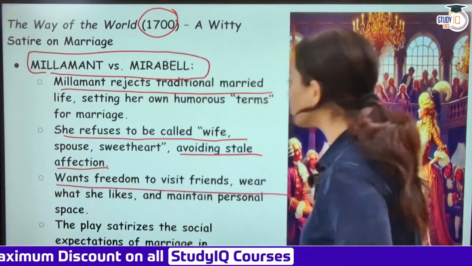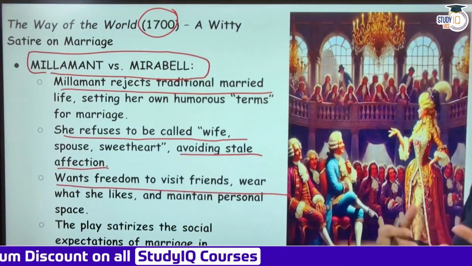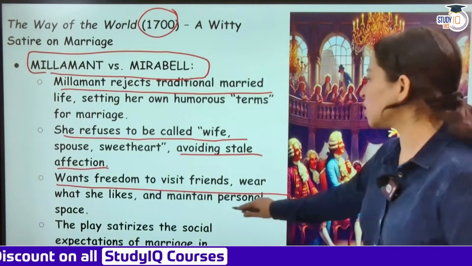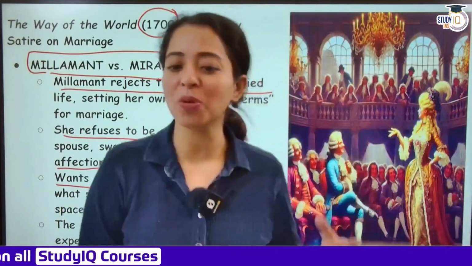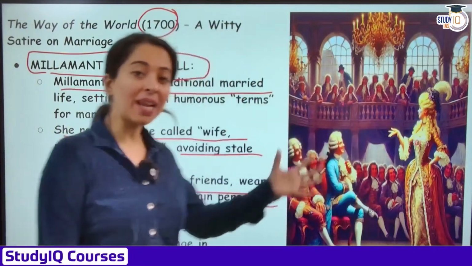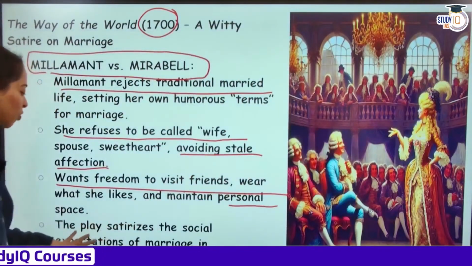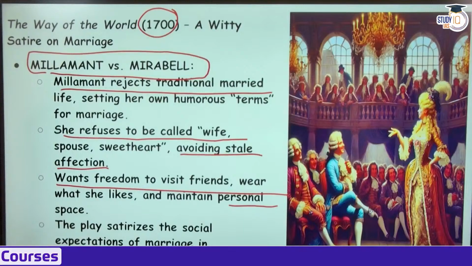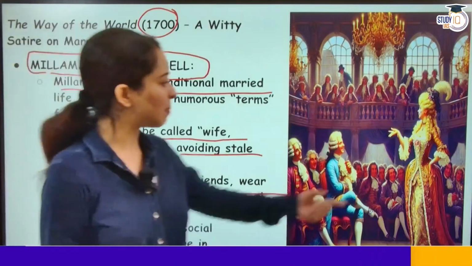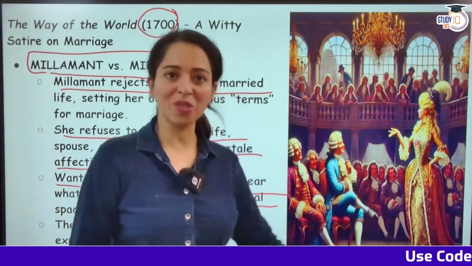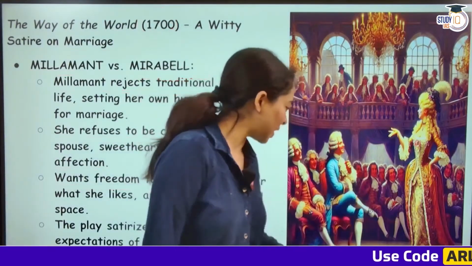She wants freedom to visit friends. She wears what she likes, and she maintains personal space. Okay, this was unlike the women who had the freedom to do all these things, but Millamant was setting all these boundaries for herself. And the play satirizes the social expectations of marriage in restoration comedy. So you can see Millamant and Mirabell. Okay, so these are the two that were in love.